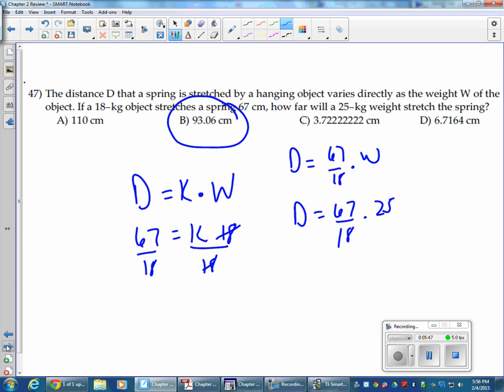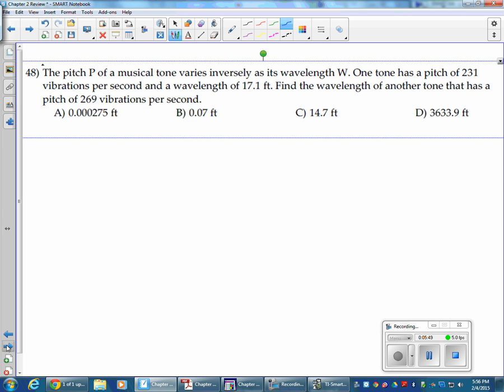So, 48. The pitch of a musical tone varies inversely, so that's k divided by its wavelength. So one tone has a pitch of 231 and a wavelength of 17.1. So if that is true, we've got to find k.